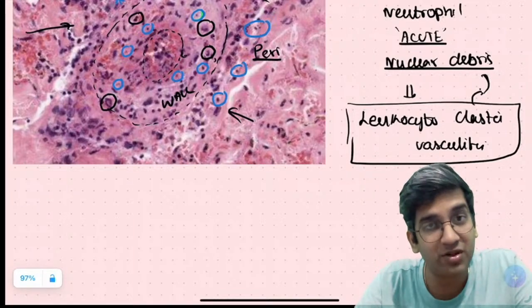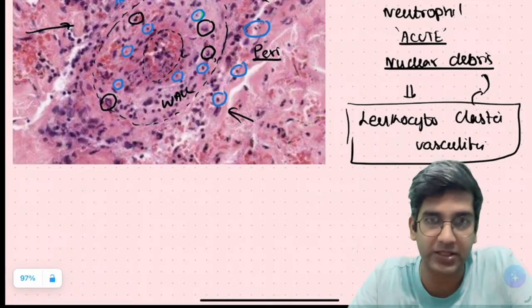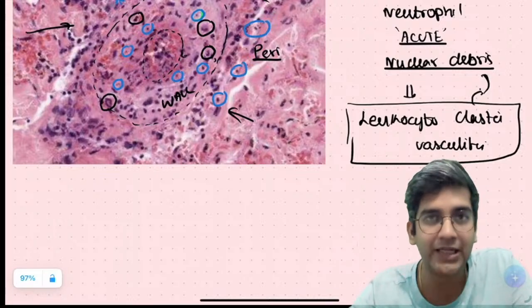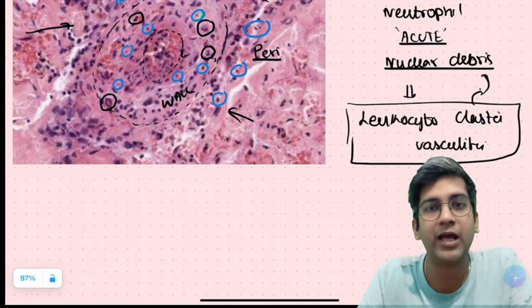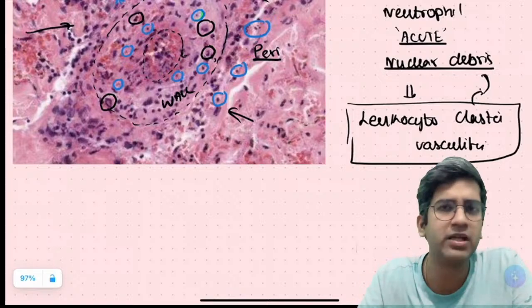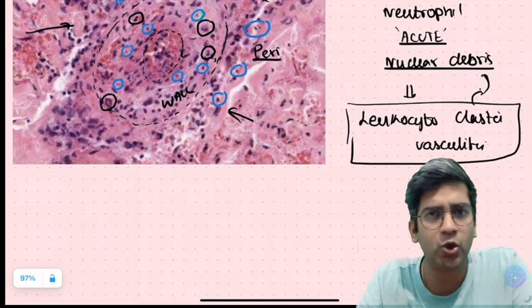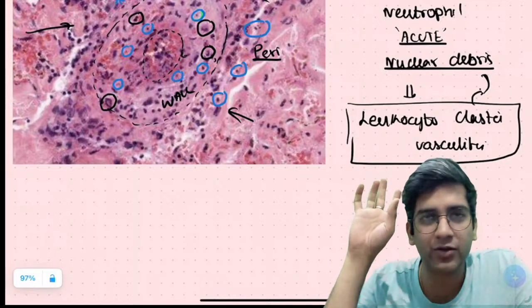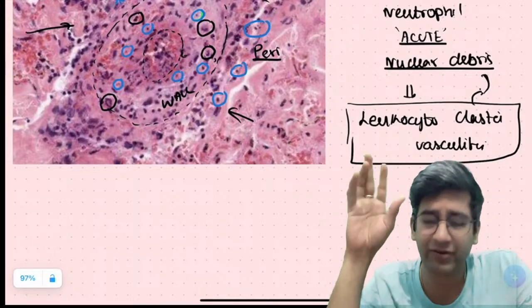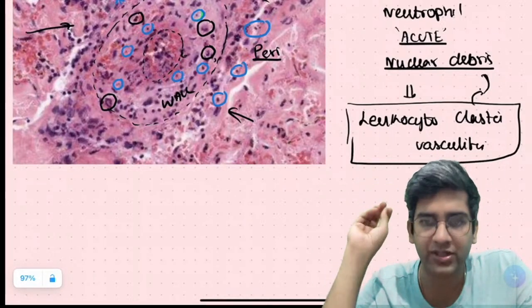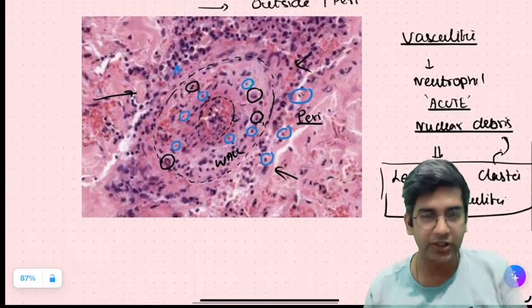There are a huge number of differential diagnoses for leukocytoclastic vasculitis. I'm not going to come and write, okay, this is the pinpoint diagnosis, because I would require more and more investigation, sometimes markers, sometimes clinical history to call it. This is a very solid diagnosis with respect to a final year MBBS or even a post final MD pathology or even a post MD pathology, right? That's all. It's simple leukocytoclastic vasculitis.